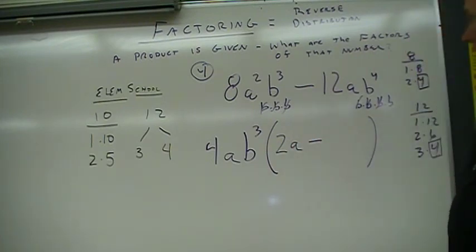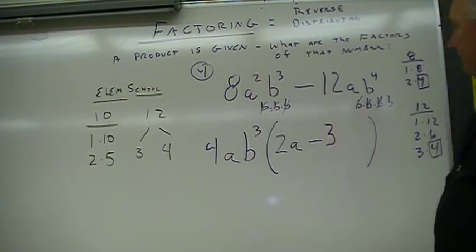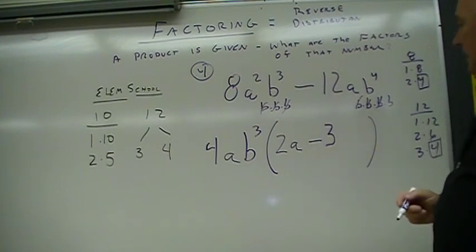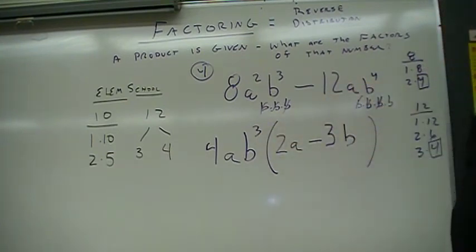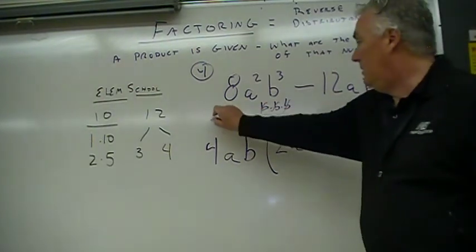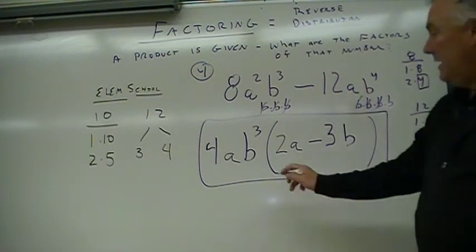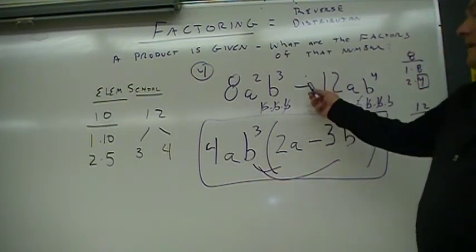Minus. 4 times what is 12? 3. The a we took out. We took out the 1 a, so that's gone. We took out 3 b's. There's only 1 b left. And so that becomes our answer. And again, it's a little bit more complicated, but you could do distribution and you will get that.